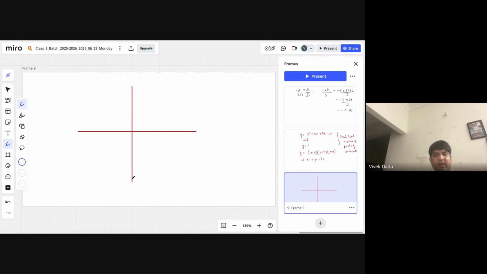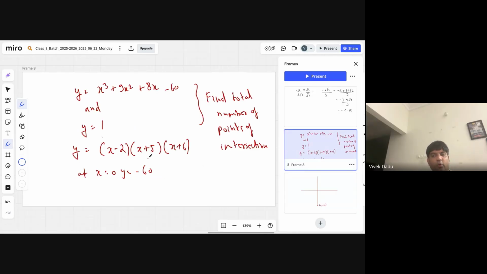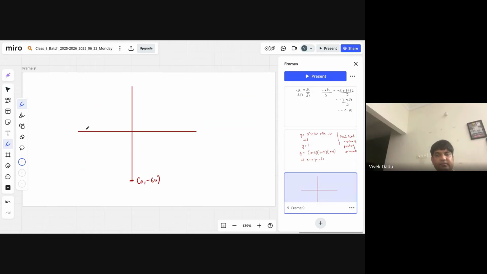So 0 comma minus 60 will be lying somewhere here. And the x-axis points will be 2, minus 5, and minus 6. So minus 6 will lie somewhere here, minus 5 will lie somewhere here, and 2 will lie somewhere here.